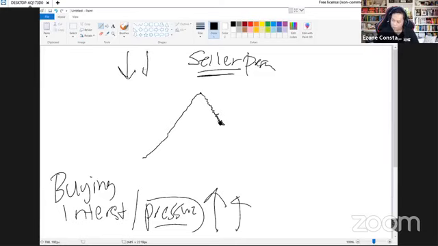Sometimes it will stay in a base, sideways, where both seller and buyer meet in between. They want to see who stays longer in the game. If the buying pressure is more, it will push the price up high.